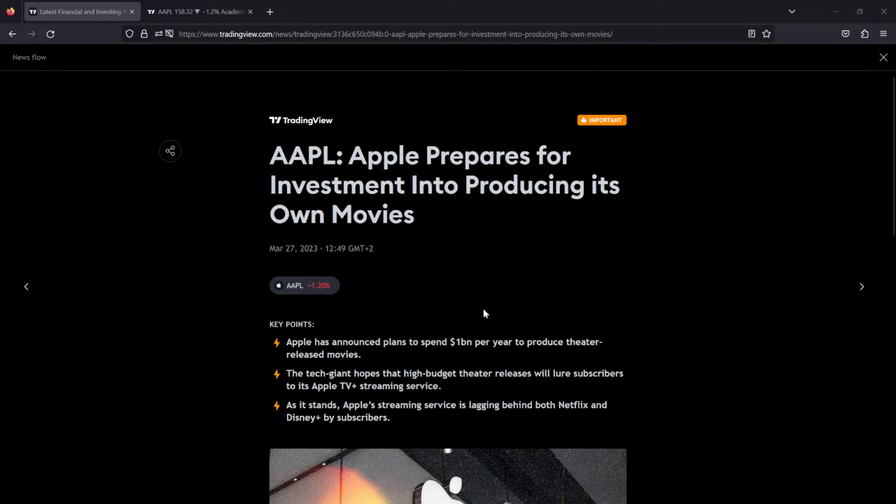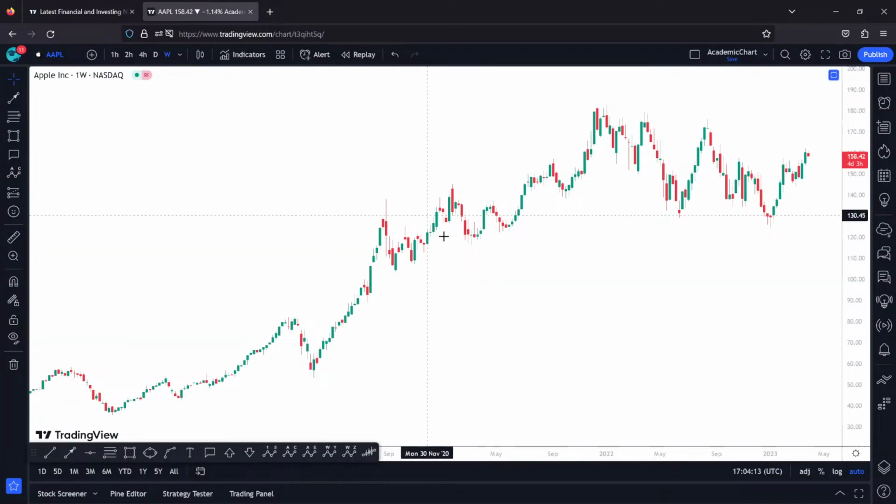The tech giant hopes that the high budget theater releases will lure subscribers to its Apple TV Plus streaming service, which is lagging behind both Netflix and Disney Plus by subscribers. But anyhow, it is going to be positive news, and a lot of people really get addicted to these products. So anyhow, for us, the chart is important.